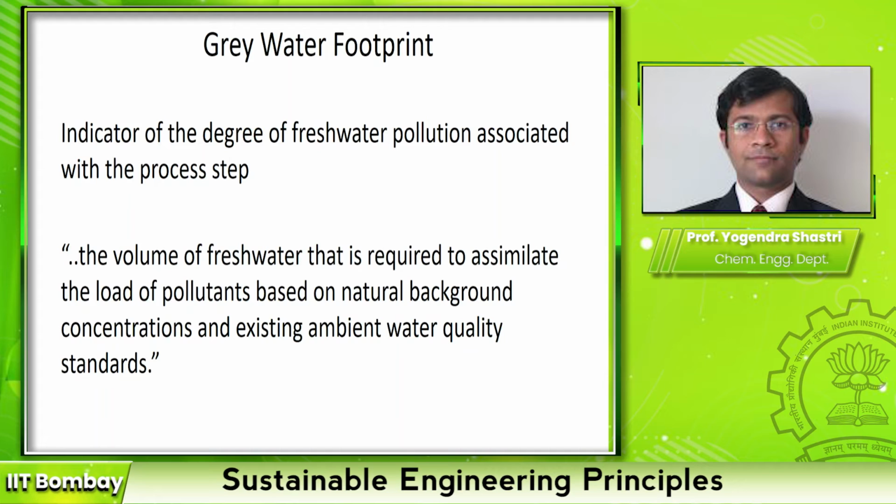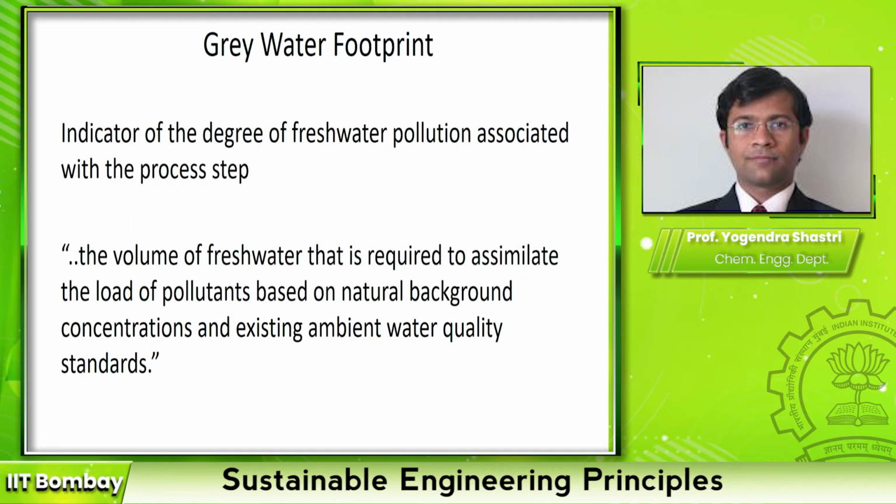As I mentioned previously, the idea is to capture the freshwater pollution that is happening because of a particular product. And the formal definition of grey water footprint is the volume of fresh water that is required to assimilate the load of a pollutant or pollutants based on natural background concentrations and existing ambient water quality standard.